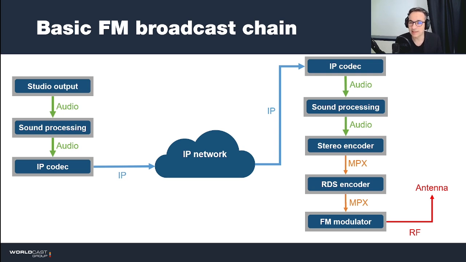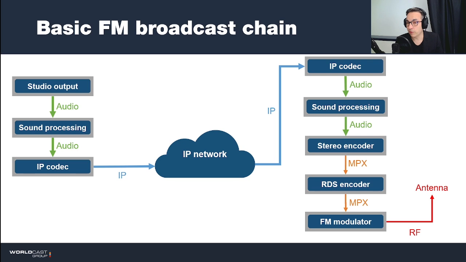So now on the right side, what we get is an IP codec again, which is a decoder in this case. The decoder will feed a sound processor. This processor can be a big processor or a small processor. It will depend on the chain, but usually we will process the audio again because during the transport there may always be some differences in the audio. So we will always process this audio again here at the transmitter site.